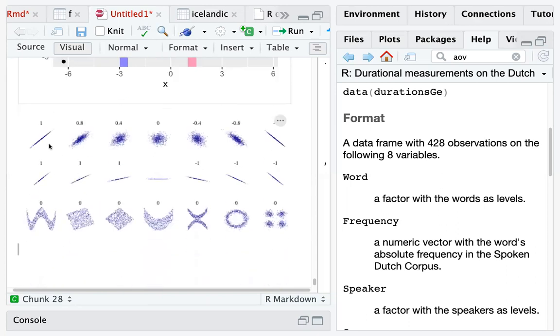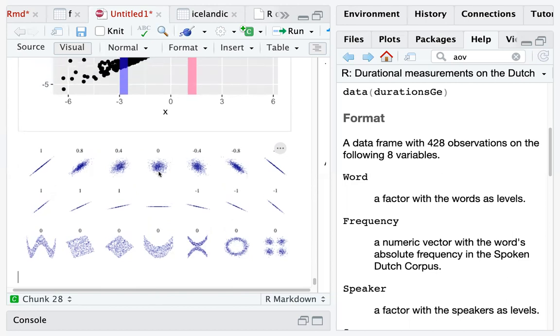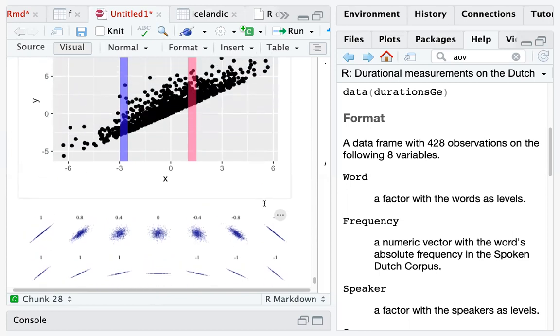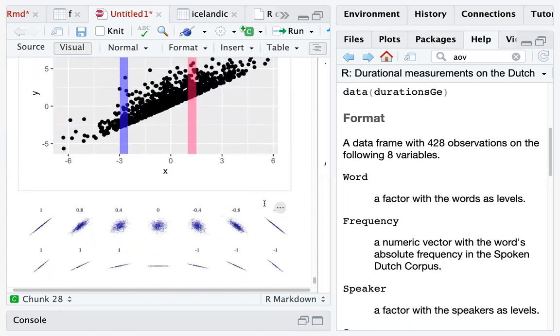You see, if the data is like here in the first row, we expect the covariance to be zero, which coincides with the independent case, and these other cases where the covariance is not zero correspond to dependent cases.